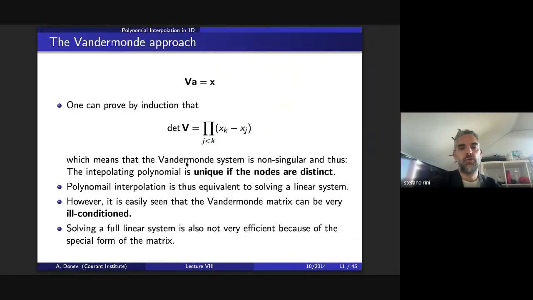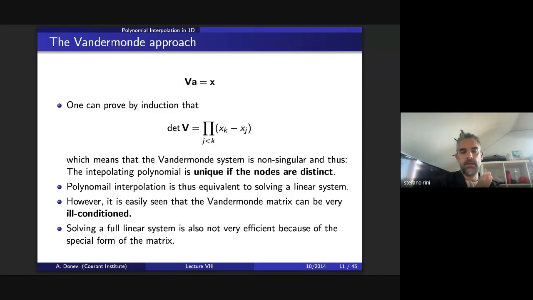If this is the property that we wish, then if you have VA equal to y, by induction you can prove that the determinant of V is equal to the product over j less than k of xk minus xj.